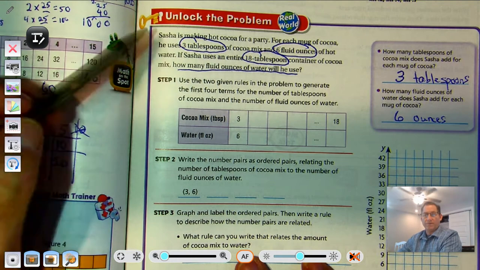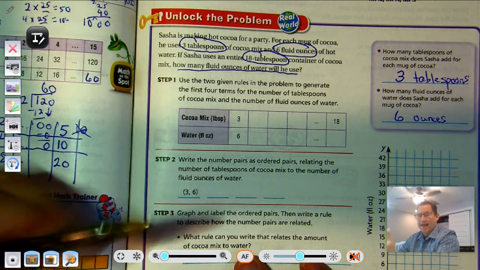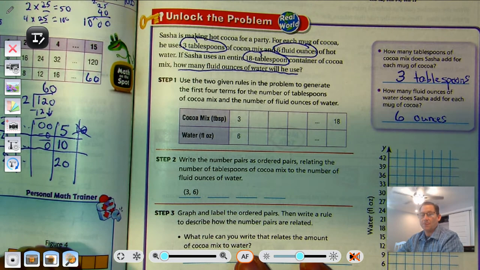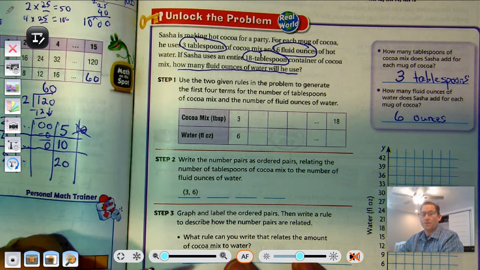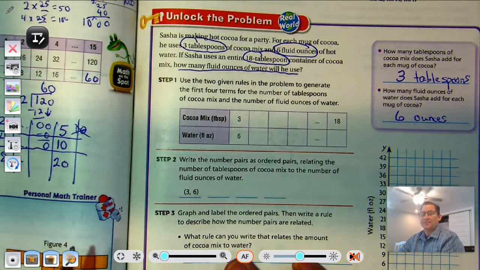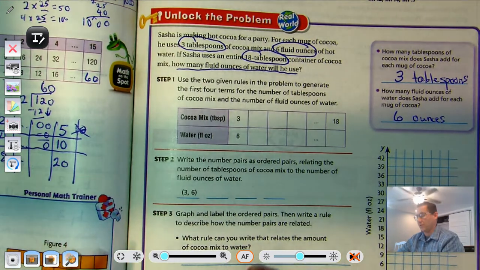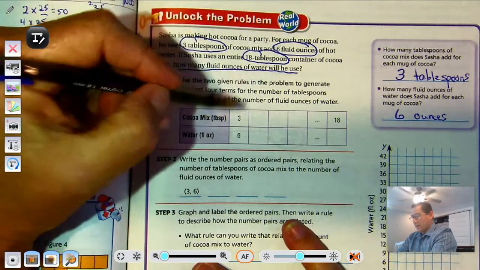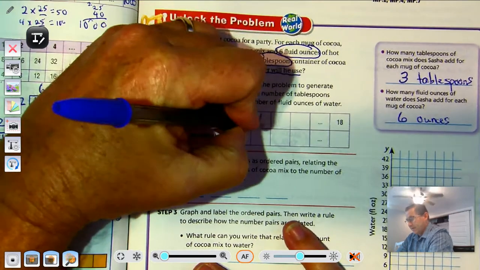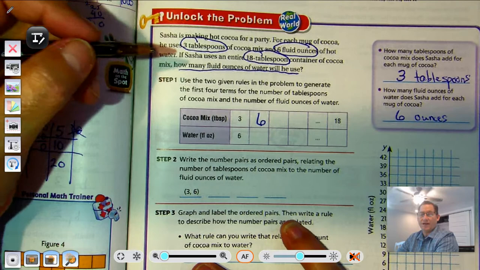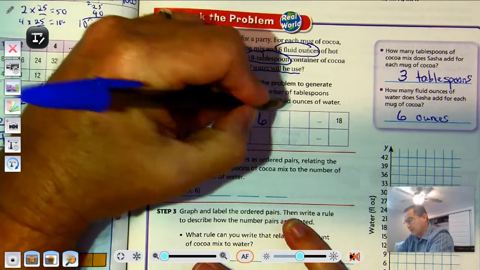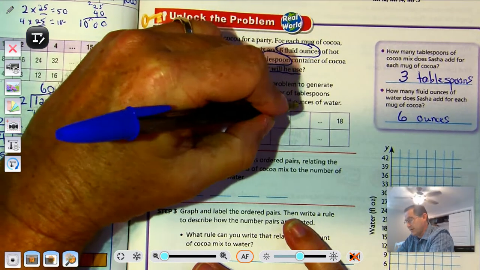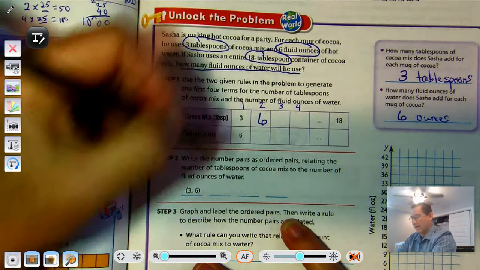So we can use the two given rules. Basically add 3 tablespoons for every mug of cocoa and add 6 fluid ounces for every mug of cocoa. So 3, then we would have 6, right? If we had 2, I'm going to go ahead and put the mugs up here. 2, 3, 4, and so on, okay?